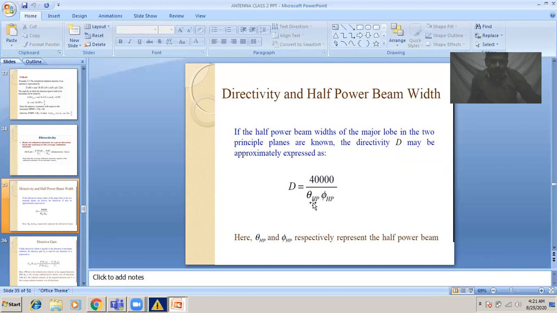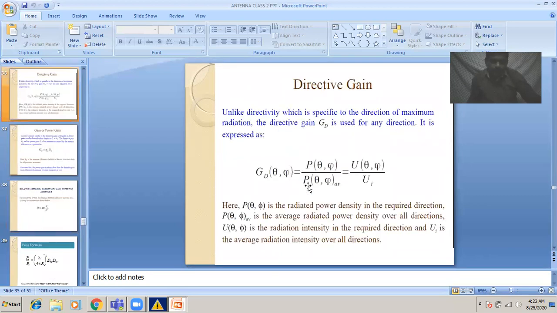Or otherwise, if you see, these two are nothing but the beam widths. That means if beam width is more, the directivity is less. If beam width is high, the directivity is low. In that way, you can observe also.